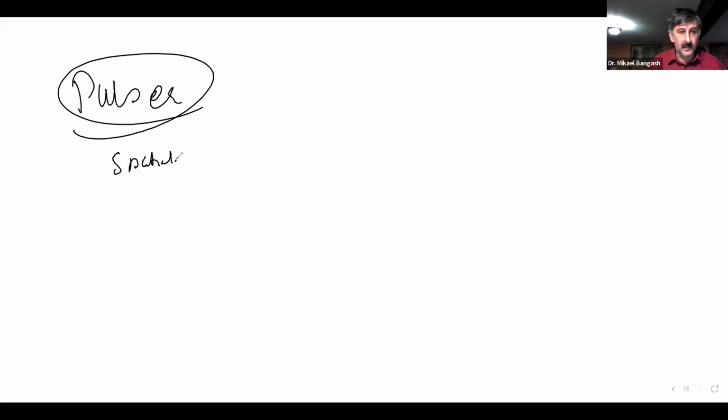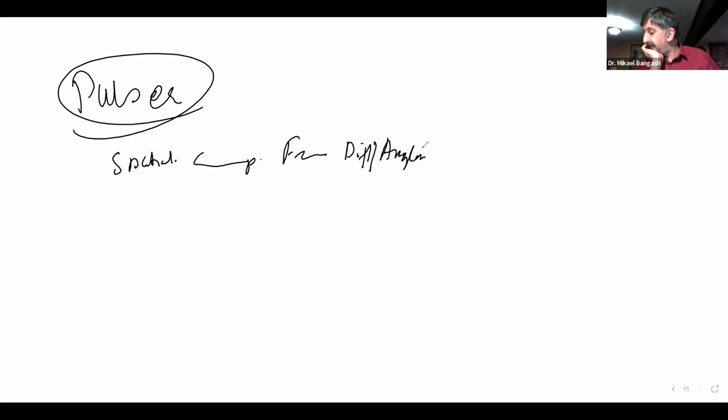What did we say about spatial compounding? Data is collected from different viewing angles, right? Let's see what it says here. Data is collected from different viewing angles.